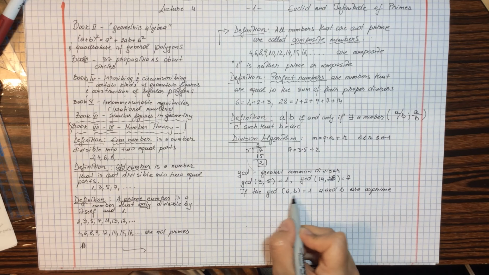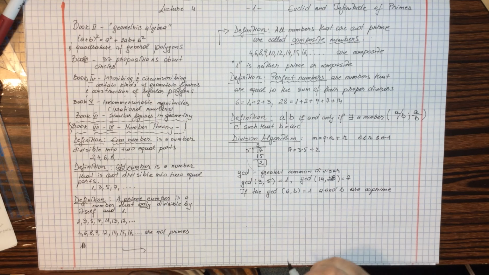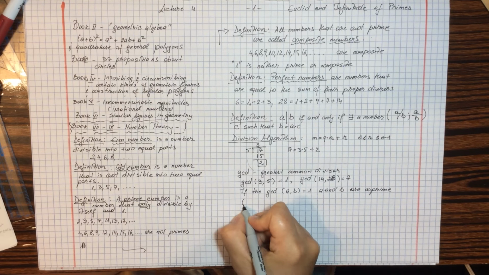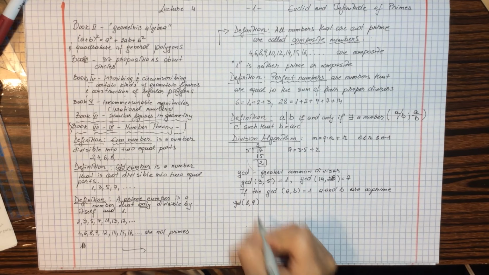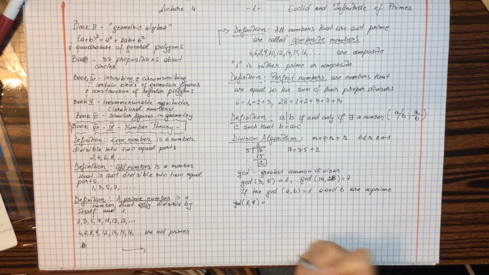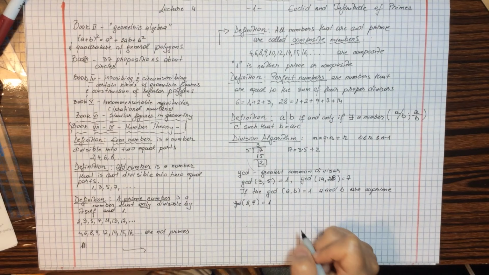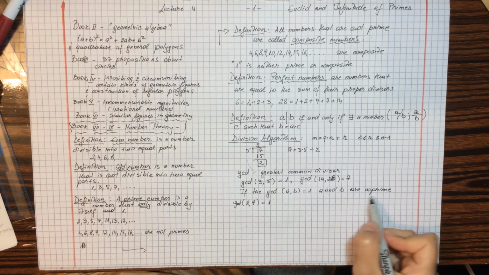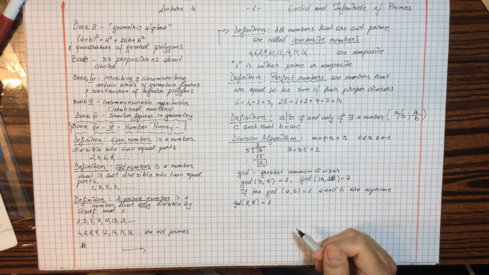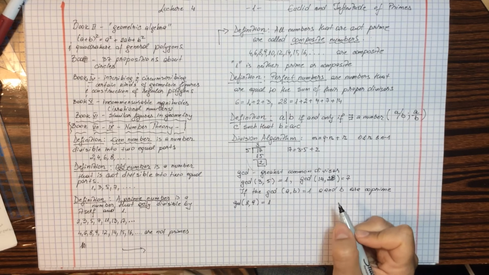But if the greatest common divisor between two numbers is 1, then the numbers are called coprime. For example, 8 and 9. The GCD between 8 and 9 is 1, yet neither of them is a prime number. But 8 and 9 in relation to one another are called coprime because they have no common factors besides 1.